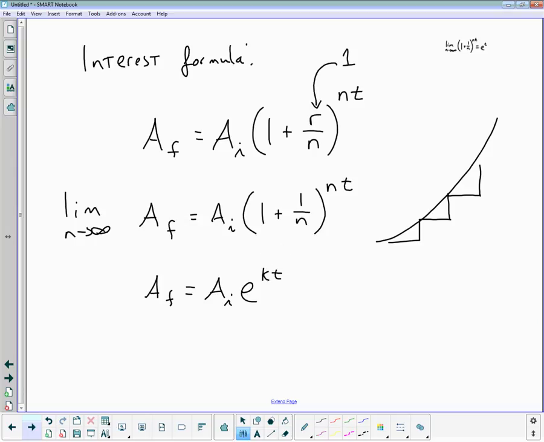Which is the same thing as we saw in the last slide. y is equal to some number, which is the initial amount, times e to the kt. Okay? So this is where exponential growth and decay formulas come from. It's not magic, it's math.